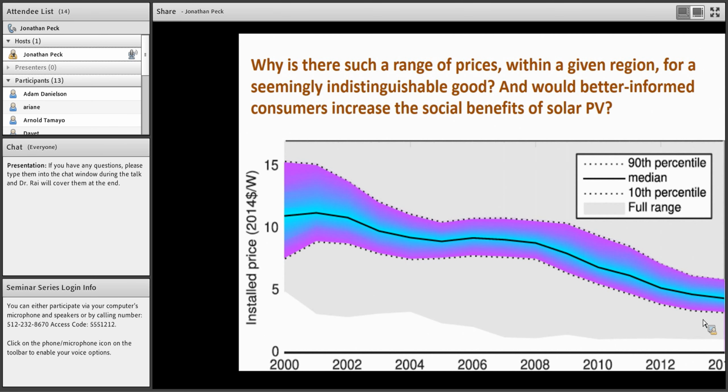And second, related to that, as we'll see more and more as I progress through my slides, is what is the role of information and better informed consumers in bringing those costs down? How does that supply-demand interaction play out, and what's the role of information within that? So keep in mind the first question of interest: why is there so much variation in prices?